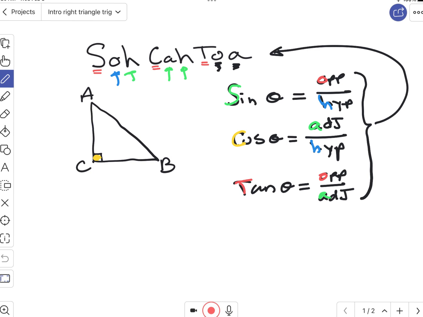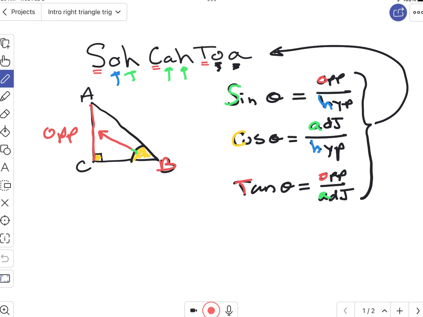So what do we mean by sine, cosine, and tangent? Let's say we were looking out from angle B and referring to angle B. Wouldn't it make sense that the side going out from angle B, AC, would be considered the opposite side of angle B?